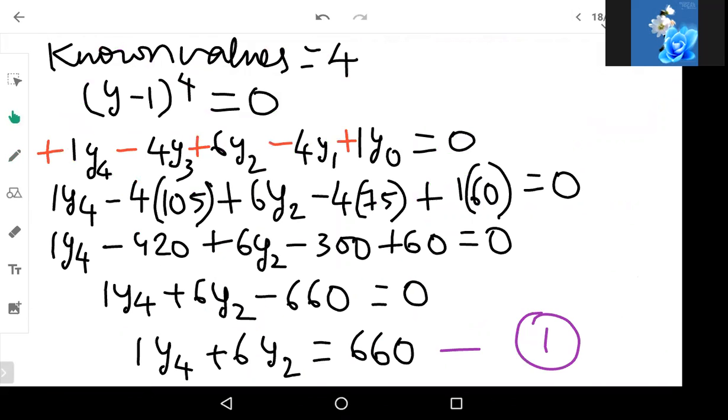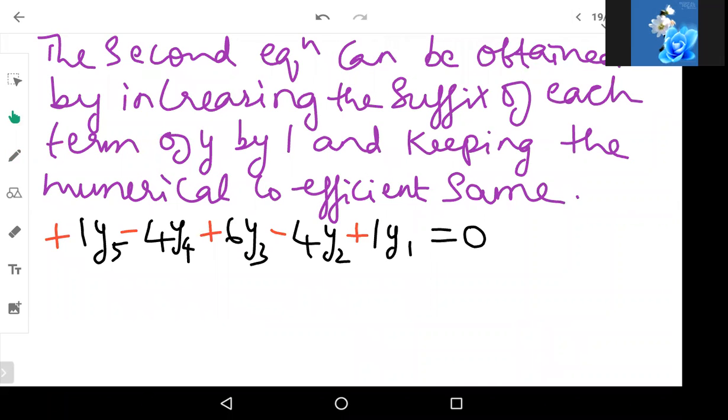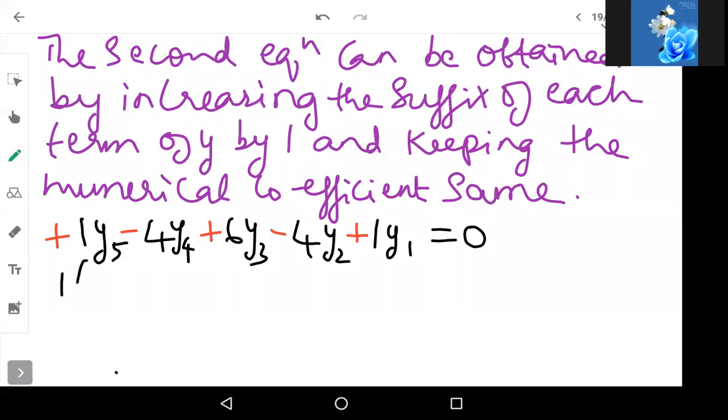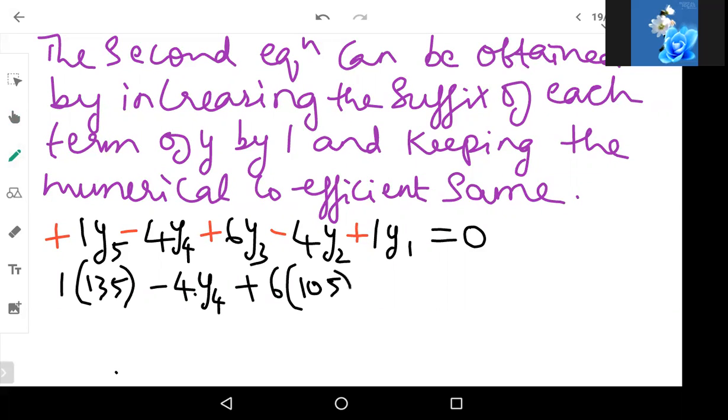So let us start. 1 into y5 is 135, minus 4y4, plus 6 into y3 is 105, minus 4y2, we don't know y2, and then plus 1 into 75 is equal to 0.